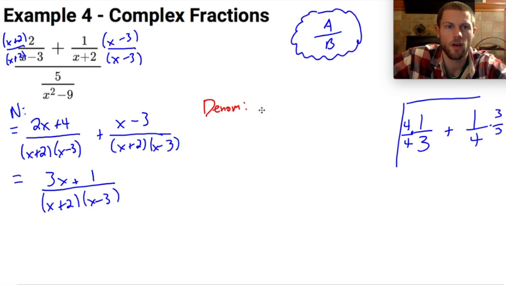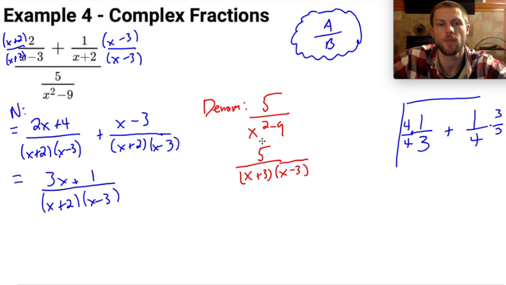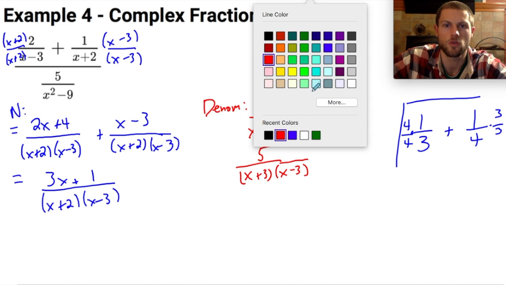This is just 5 over x squared minus 9. I could factor this, so this is 5 over x plus 3 times x minus 3, when I factor x squared minus 9. So I have this numerator and this denominator, so let's combine these two things.